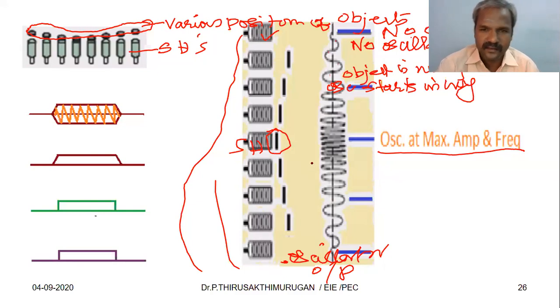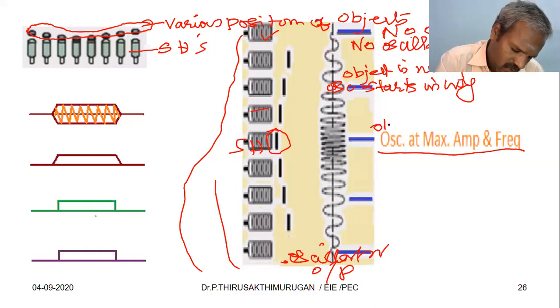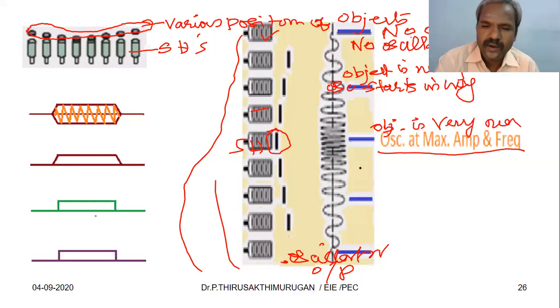That is at resonance; it creates a resonance in the oscillator circuit. The object is very near, so the oscillation is at maximum amplitude.